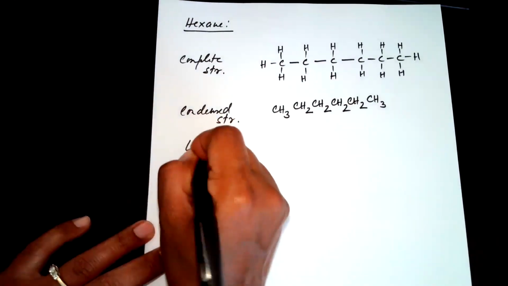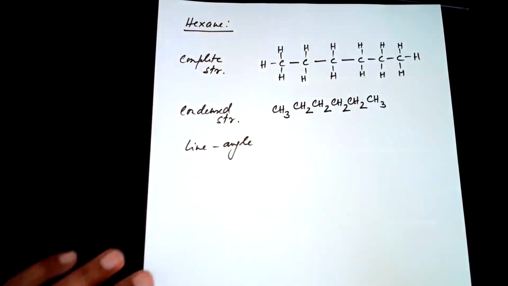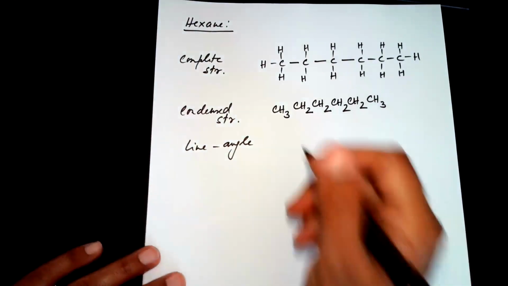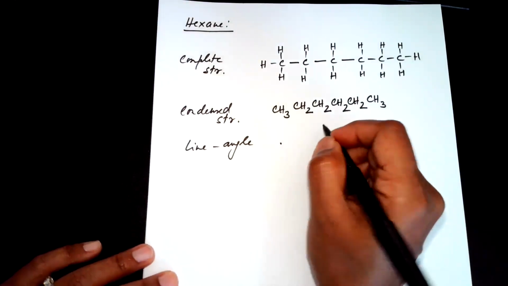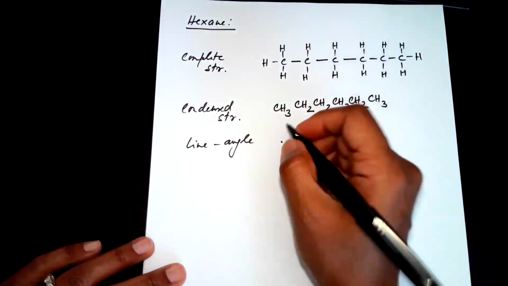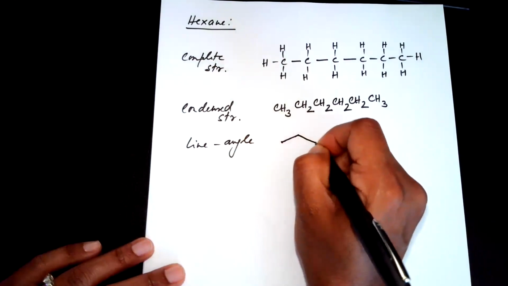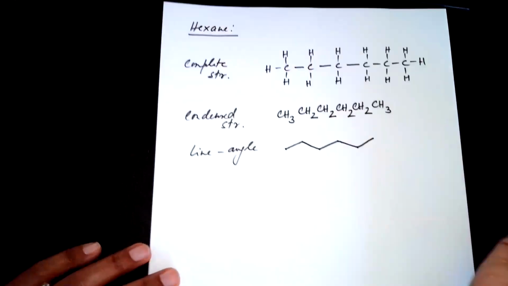Now the line angle or the skeletal formula, for those, I just need to show the carbon-carbon bonds as lines. I do not need to show a carbon-hydrogen bond. So here is a carbon-carbon bond. I want to start here and go up first. I could have gone down as well. We can do both. So I want to start here. Carbon 1, carbon 2, carbon 3, carbon 4, carbon 5, and carbon 6.